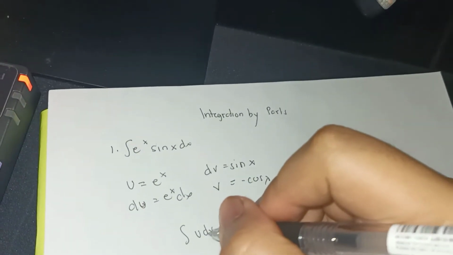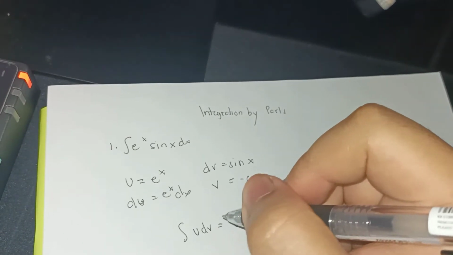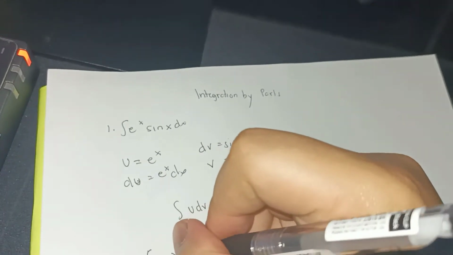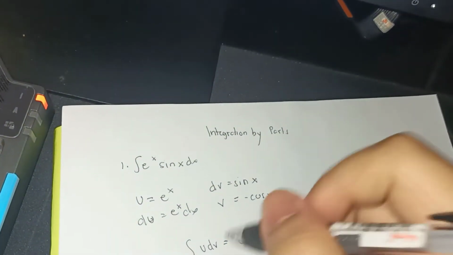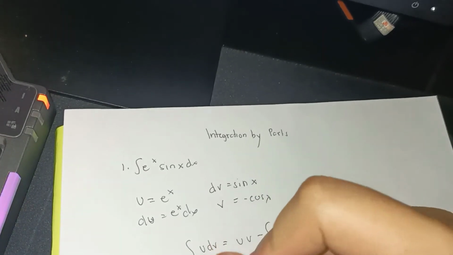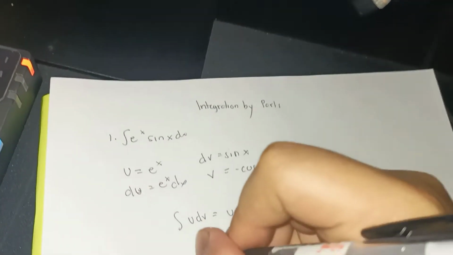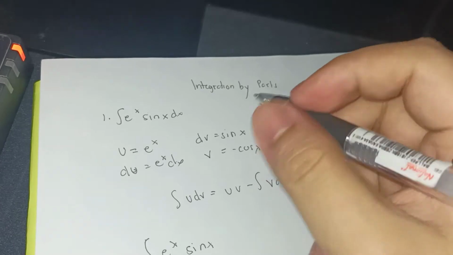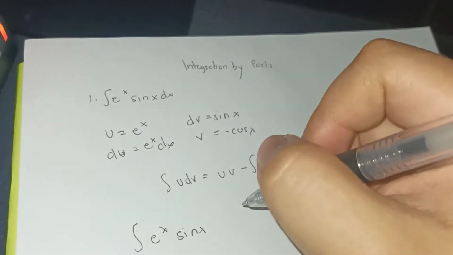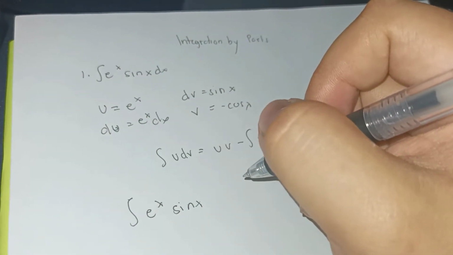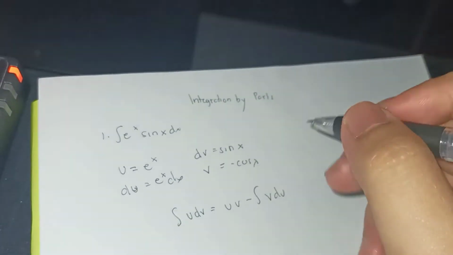Now we place u, which is e^x, and dv, sine x, into the formula.